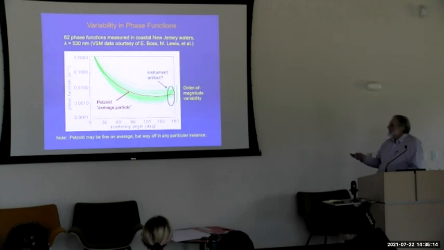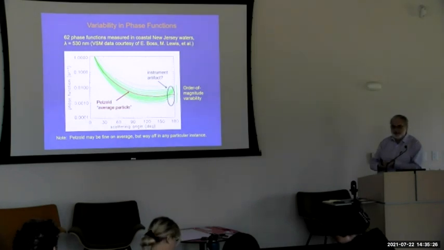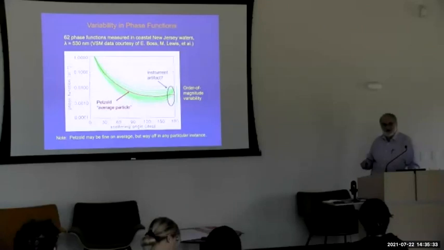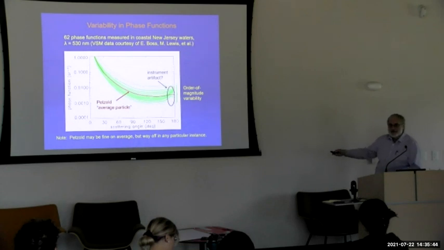So keep in mind that when you have any kind of average, it's probably good on average, but it might or might not be good for your particular water body on this particular day at this particular location. And once again, even though we're in the same water body, more or less, right off the coast of New Jersey, there's an order of magnitude variability in the phase functions over the 3 or 4 days that these data were taken.